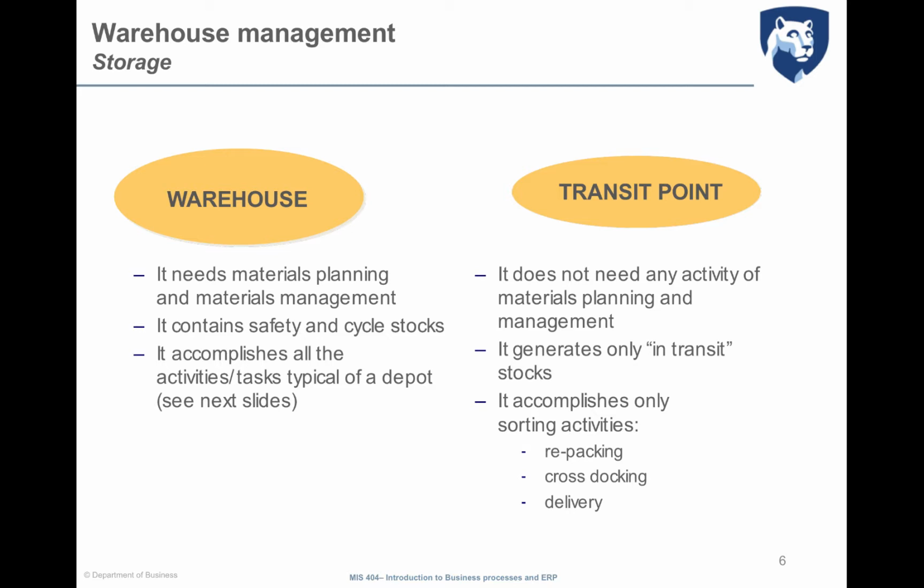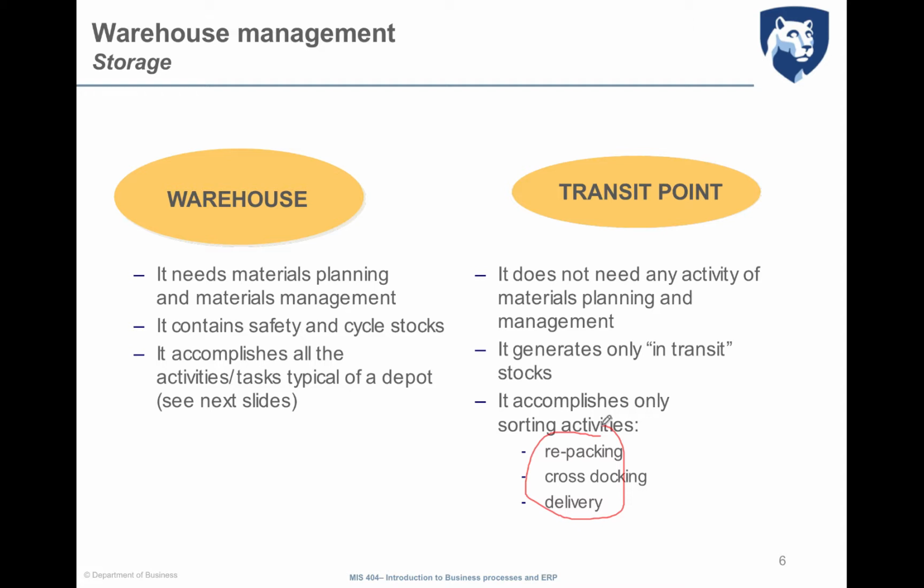While instead, as in transit point, no stock is present, no inventory management policy need to be defined, and it's just a matter of organizing what we call sorting activities. So the role of transit point is to be facilities supporting activities like repacking, like cross-docking, and like delivery.